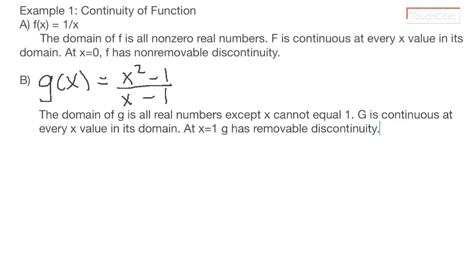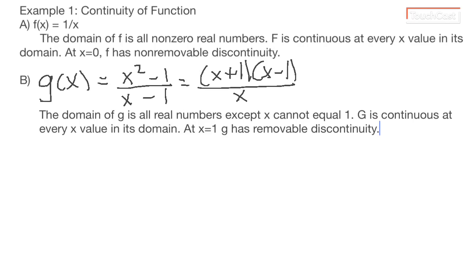Because in the last lesson we talked about how we could factor our numerator, and if we want to try that, x squared minus 1 does factor to x plus 1 times x minus 1, and that's all over x minus 1, and we can cancel out the x minus 1's.